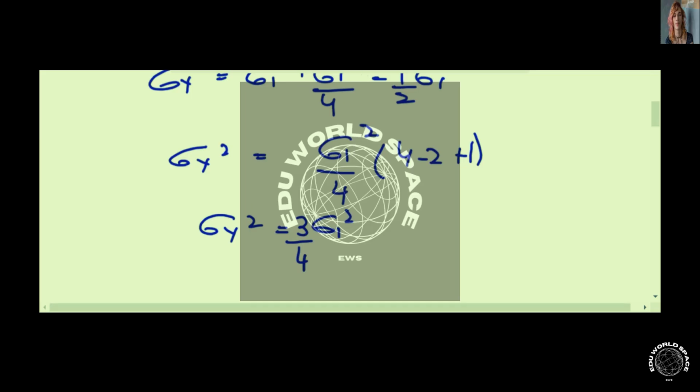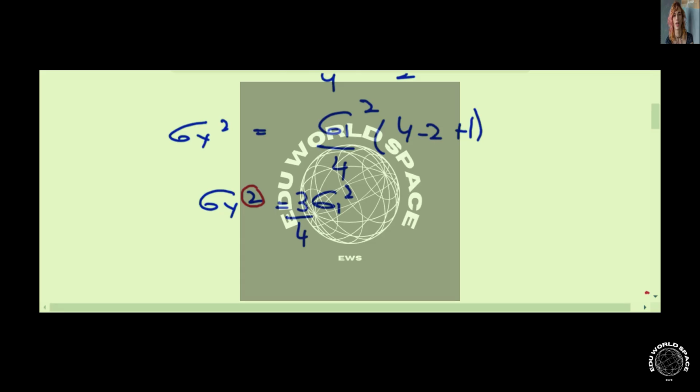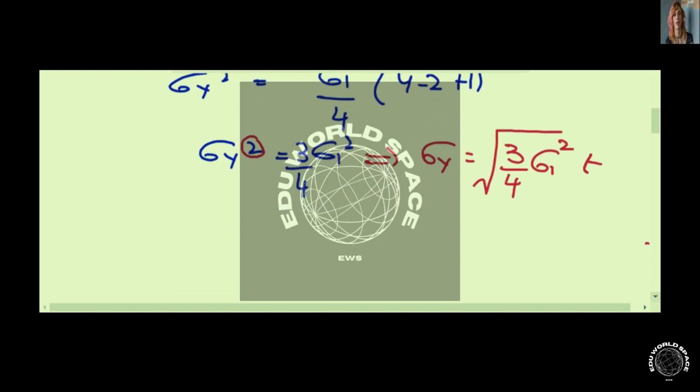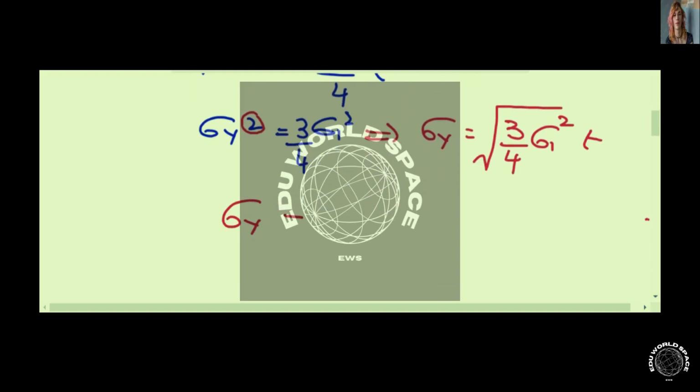Now, as you can see over here, we have this square, so it means that we need to take the square root. So this means that the yield stress is equal to the square root of 3 divided by 4 sigma sub 1 squared.